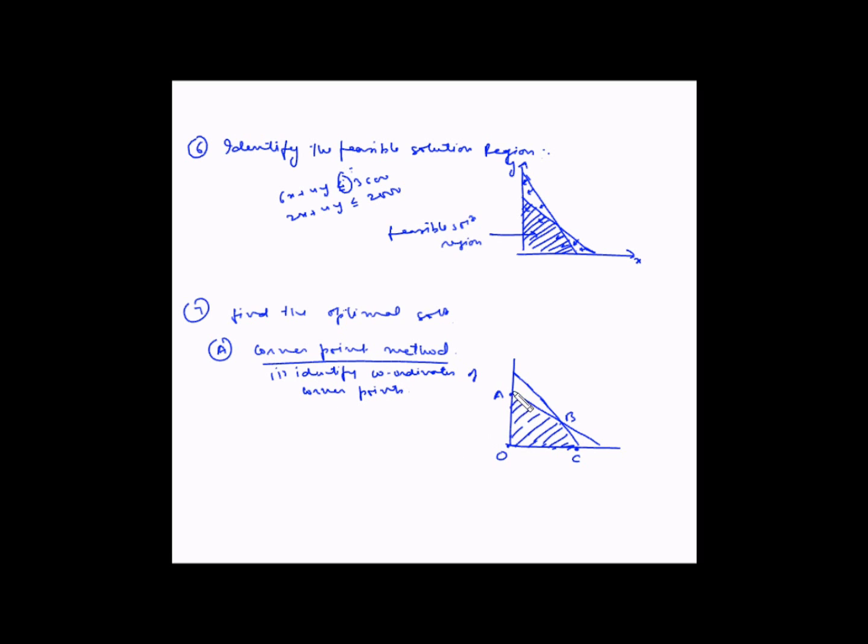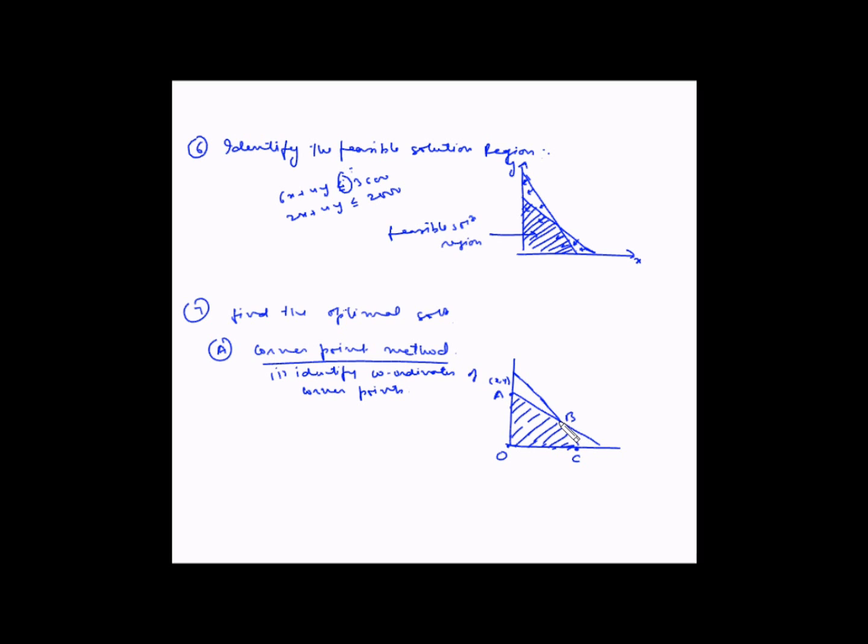So coordinates of, say, point A, since it is on the y-axis, the x coordinate will be 0, and the point here A would be easily identified by looking at the graph. So you can identify the corner points here, x and y.